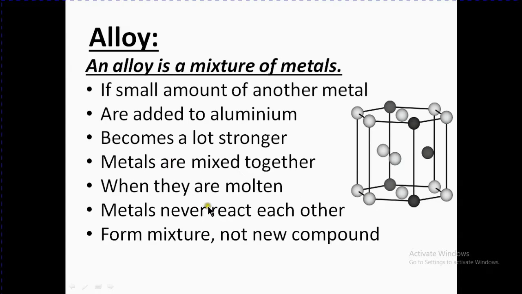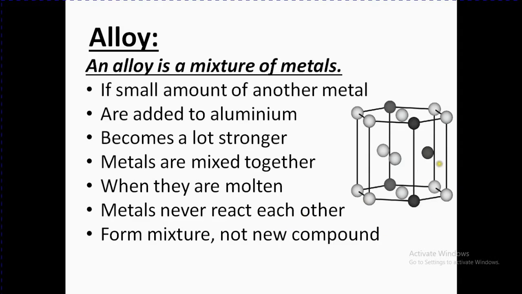They don't react to form something new; they only mix and adjust their atoms with each other. It forms a mixture, not a new compound, because their composition is the same and their electronic configuration is not changed.